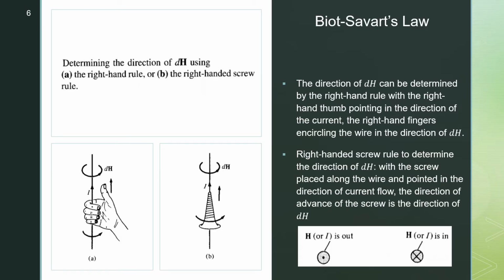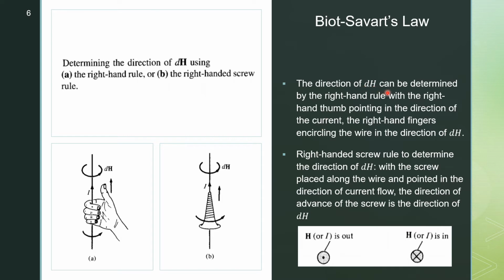In order to determine the direction of the magnetic field intensity, there are two rules: the right hand rule and the right hand screw rule. Figure A shows the right hand rule, and B represents the right-handed screw rule.